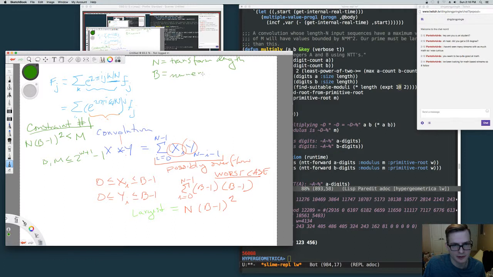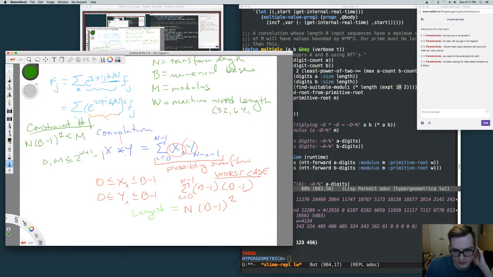I'm still getting used to this tablet, which I'm not very good at writing with. M is our modulus. And what else? I think that's it. Oh, W. W is our machine word length. So, for example, that could be 32 or 64 or whatever.